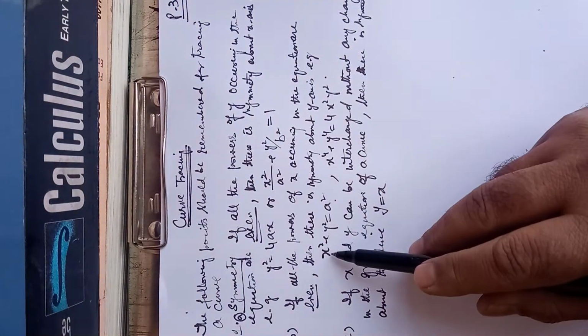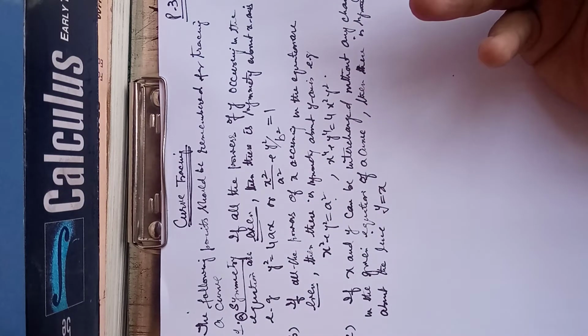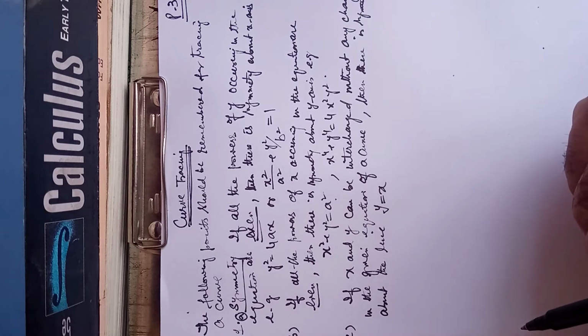For example, in this, if you replace x by y and y by x, it is x square plus y square equal a square still. So it will be having symmetry about the line y equal to x.